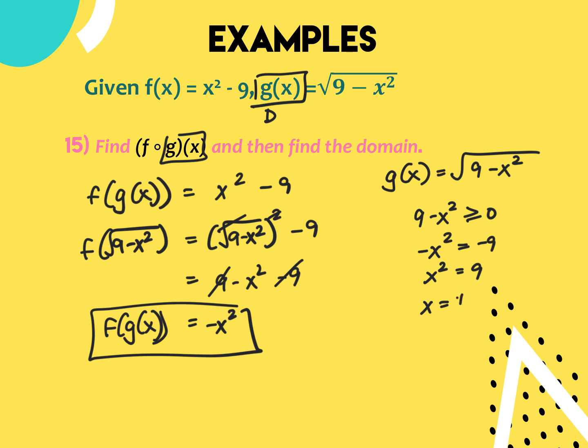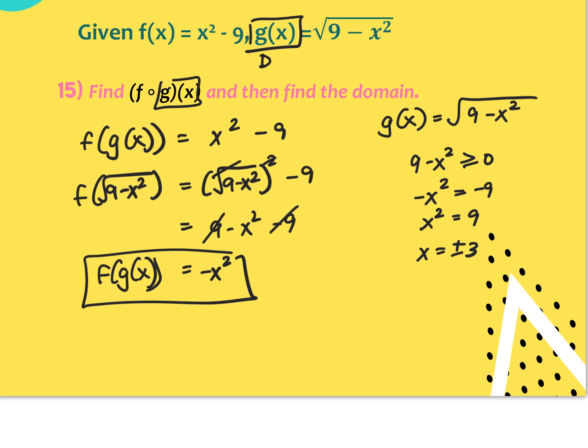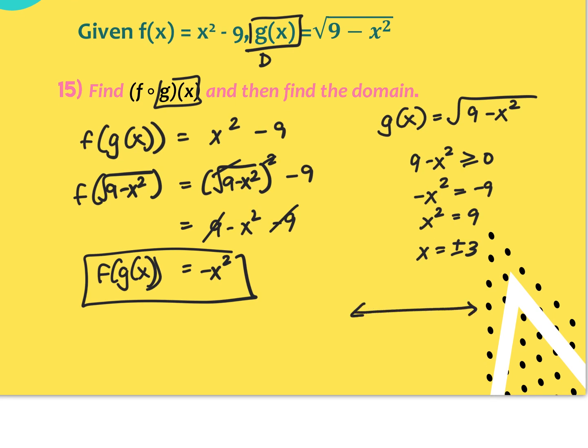So I know that x is plus or minus 3. Since it's an inequality, I have to set it up like this and find my domain here. So I'll go back to this part right here, and I'll plug in 0. So 9 minus 0 is greater than or equal to 0. That's true. So this is a solution set. This is not, and this is not.